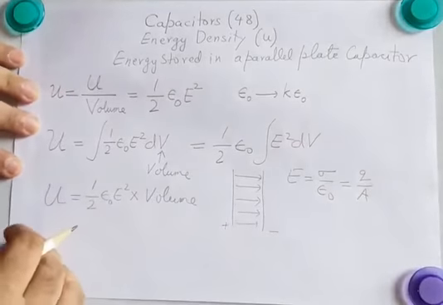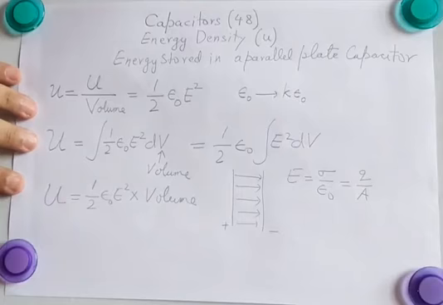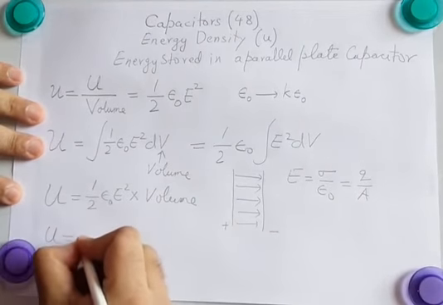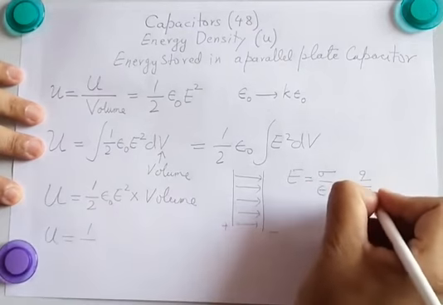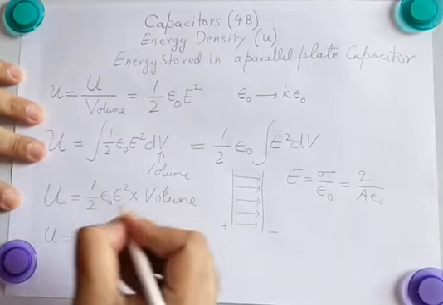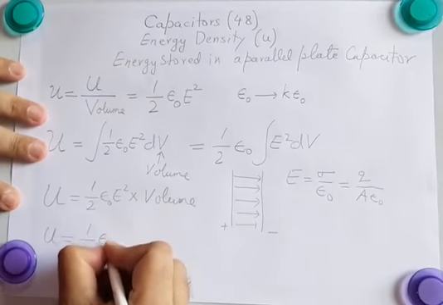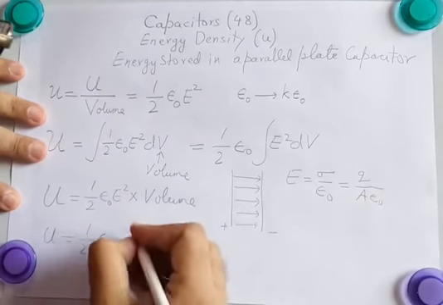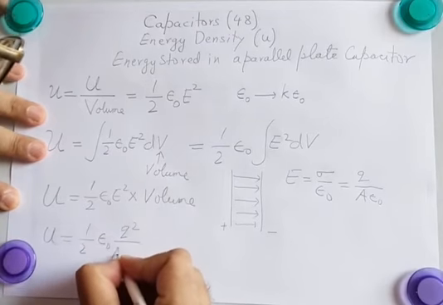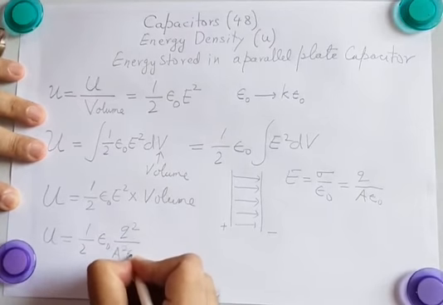Therefore, the total potential energy here will be given by half epsilon naught E square. So that means epsilon naught into the square of this, which will be Q square by A square epsilon naught square.